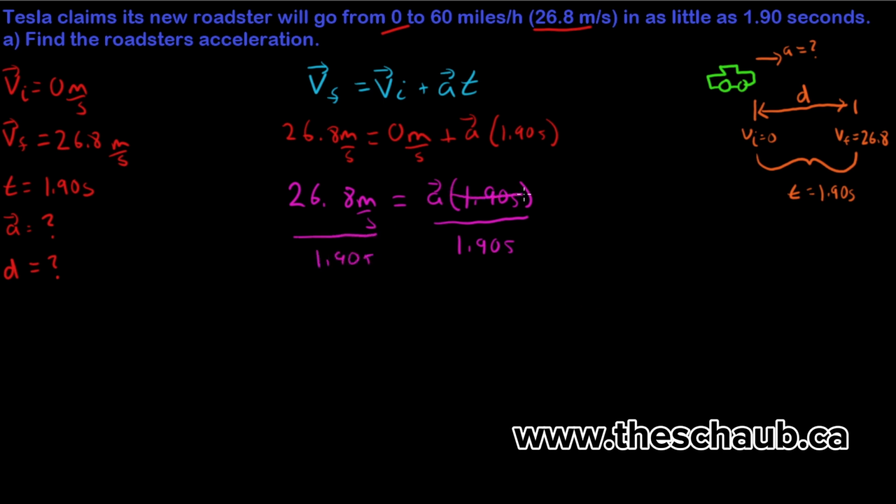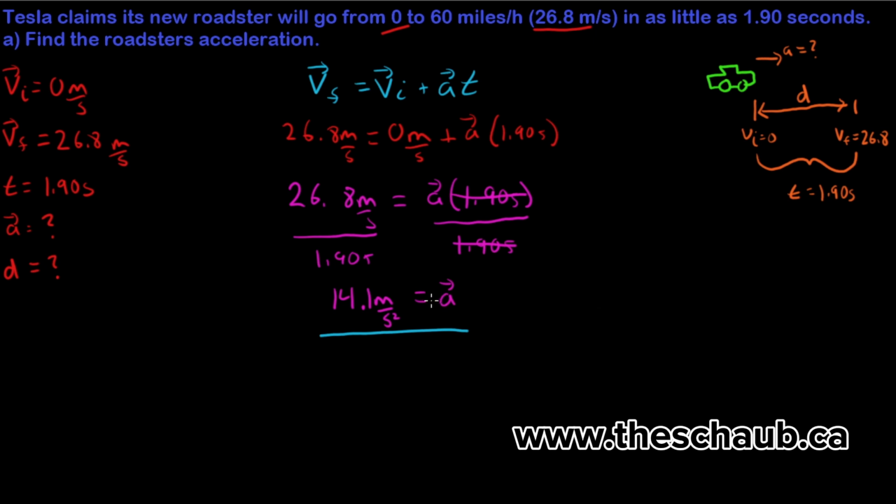So here, on this side, it cancels out. This leaves us with just A. On this side, we have 26.8 meters per second divided by 1.90 seconds. And this gives us a value for the acceleration of 14.1 meters per second squared. So we're done. We've found the acceleration of our Roadster.